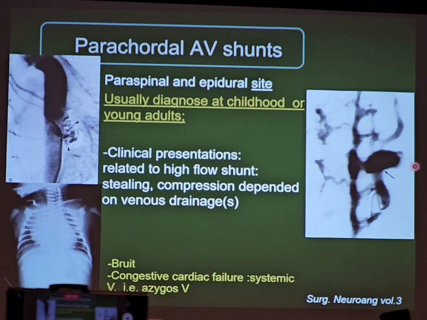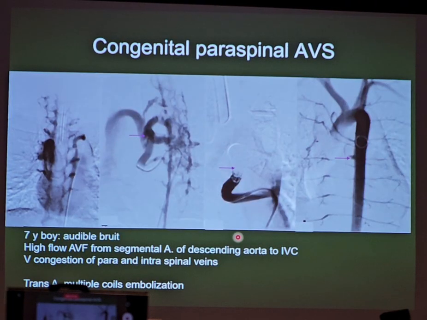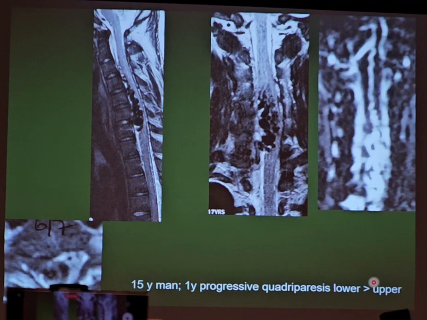The treatment is, if you can fix this fistula, you can treat the patient transarterially, in this case through a segmental artery of the descending aorta that has the fistulas, and we even see the intraspinal veins and then also congestion back into the inferior vena cava. If you are able to close it up, with the remnant here in the follow-up, it's one of the treatments that can be seen in this group of spine.